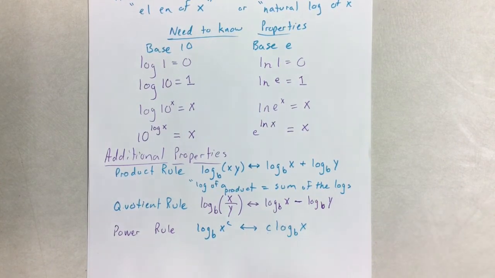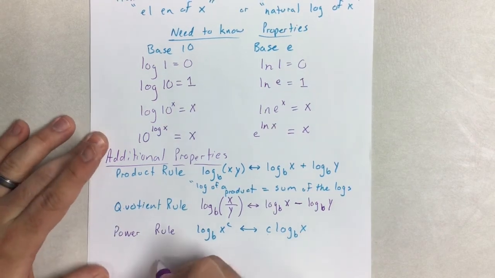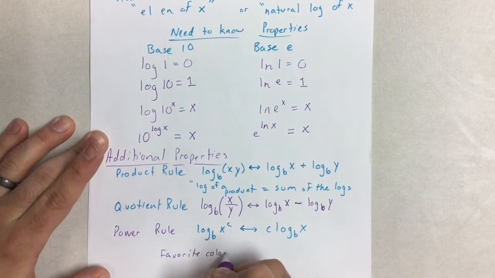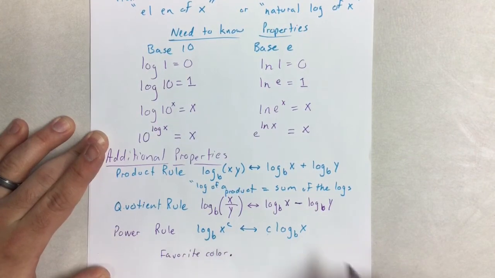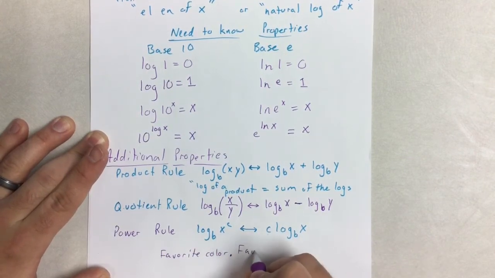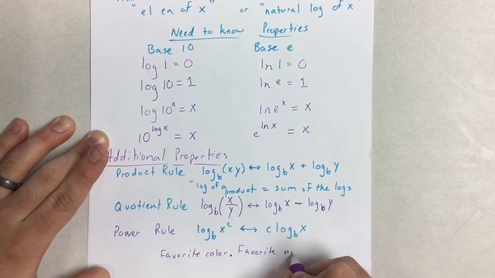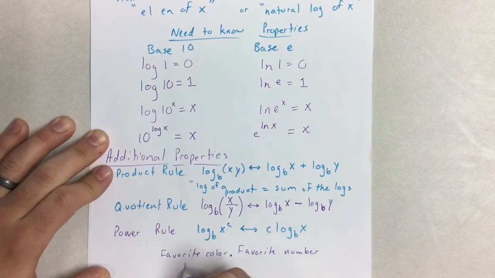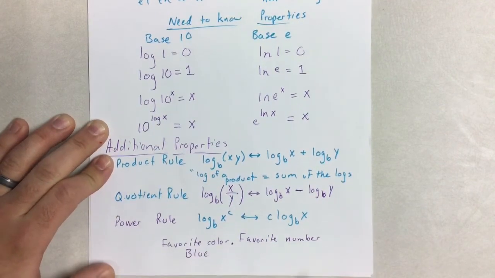Just to close this video, I'm going to ask you something. This might seem really random, and you'll see later on why I'm asking. What's your favorite color? And what's your favorite number? My favorite color would be blue. I would have to choose blue.